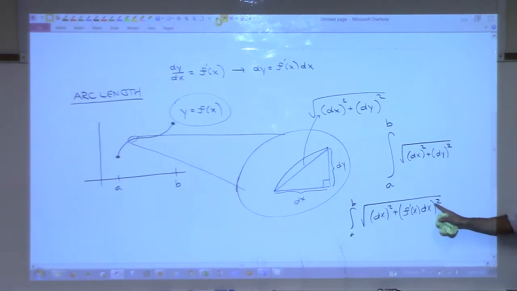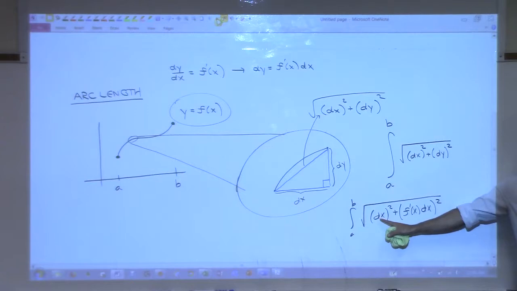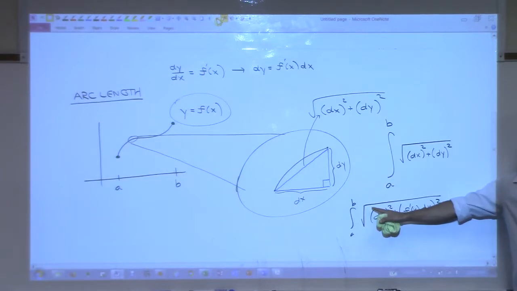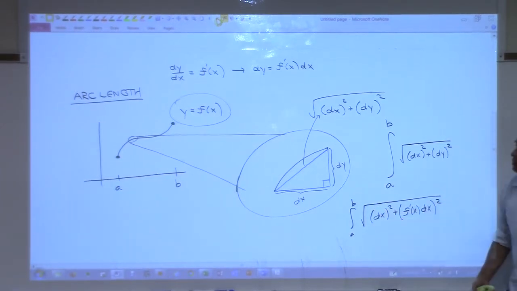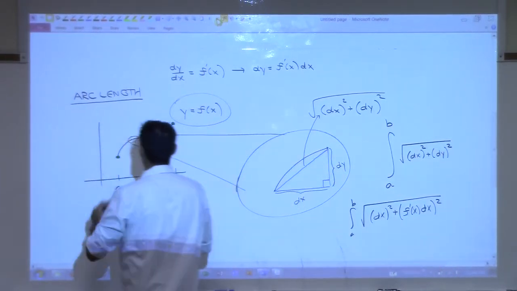So when I square this right here, I square each one, don't I? I square the f prime and I square the dx. If I do that, then I'm going to have a dx squared here and a dx squared here, which means I can do what with it? Factor it out, and then I can actually take it out of the root because it's squared. So my next line is going to look like this.